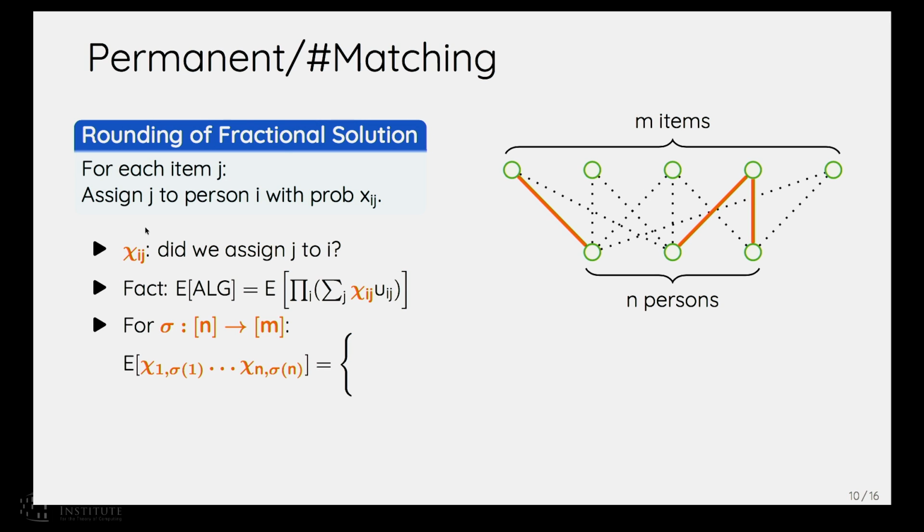Now, if you expand this out, you get terms of this form. Okay? So for each sum, you have to select one j. I'm going to denote that by sigma of i. Okay? And you get products of n of these chi ij's. Now, this product is going to be in correspondence with these edges on this bipartite graph.